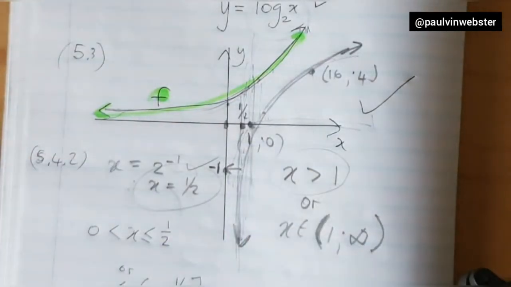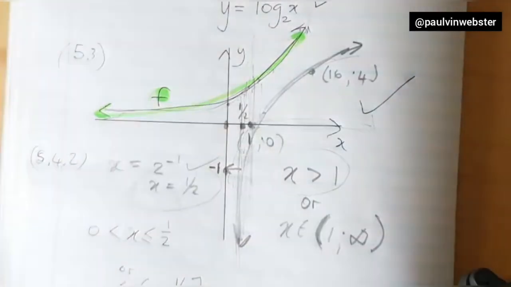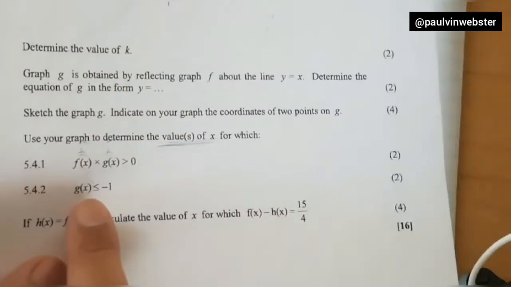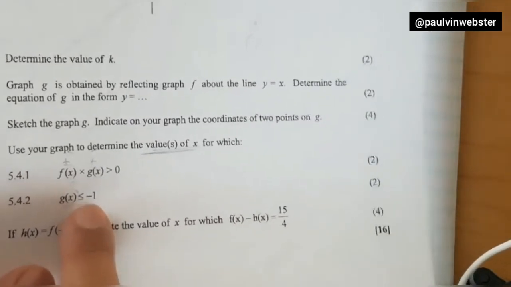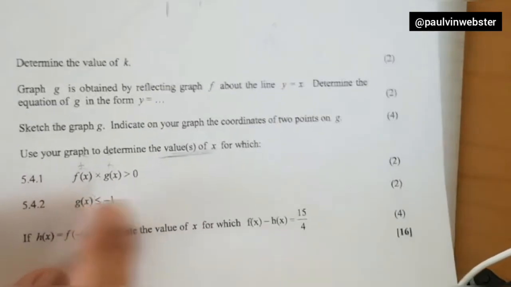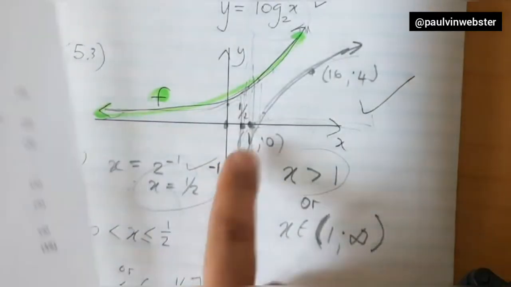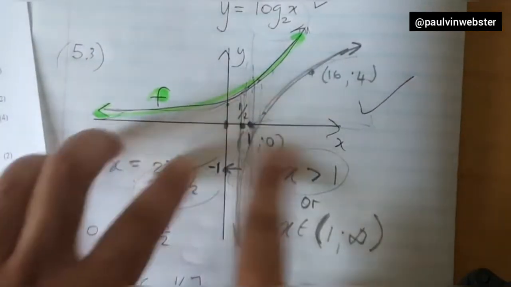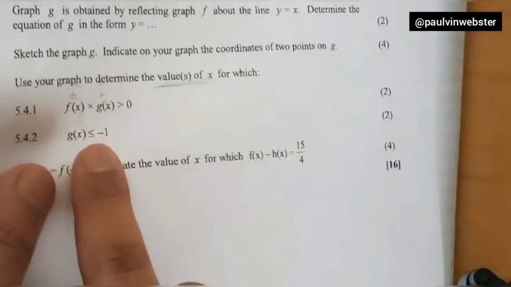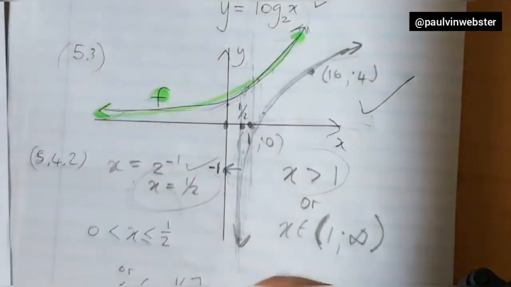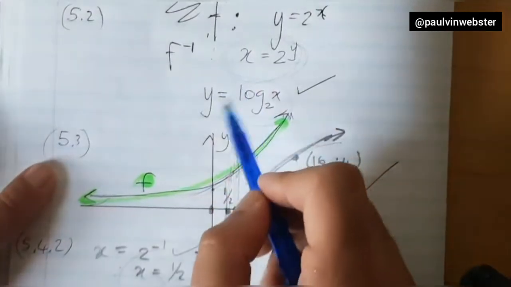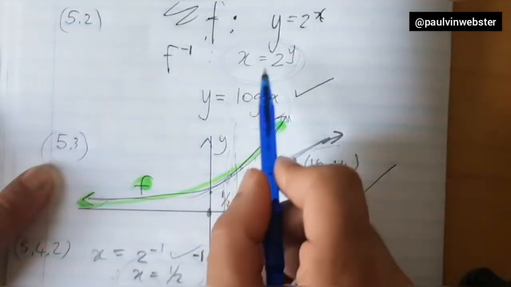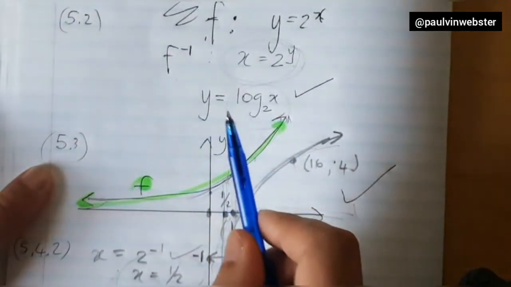So what I'm going to do is substitute in my y value equal to -1, because they're talking about y here, so that I can see what x values are going to work for me in order to get this answer. Remember earlier on we calculated the inverse of the log function, and it was given as the inverse of the exponential function.